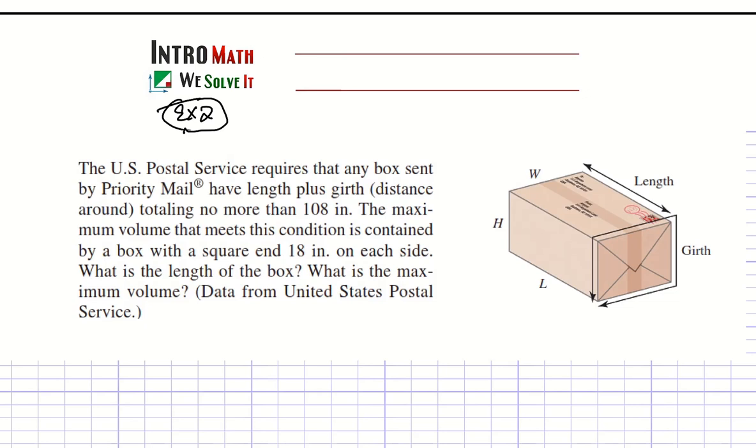The maximum volume that meets these conditions is contained by a box with a square end, 18 inches on each side. A box with a square end.